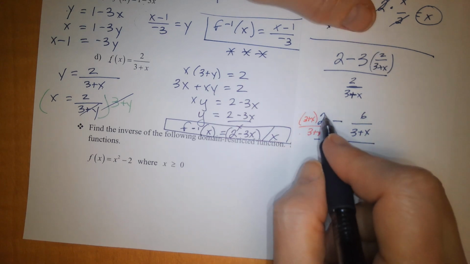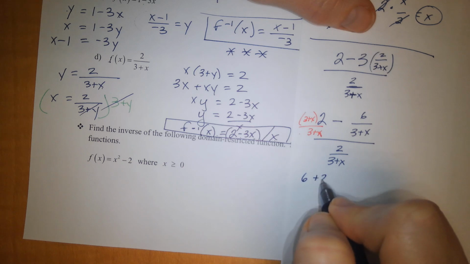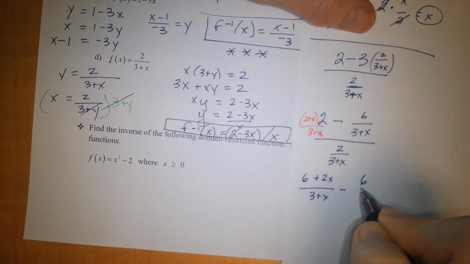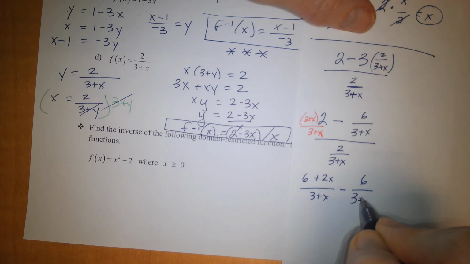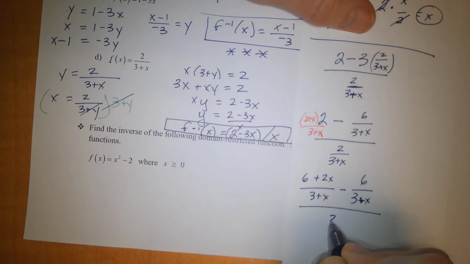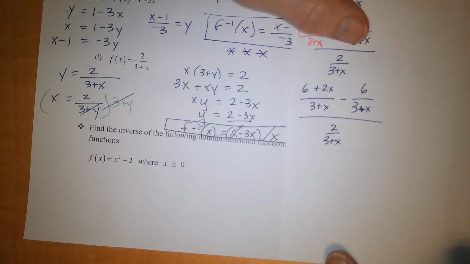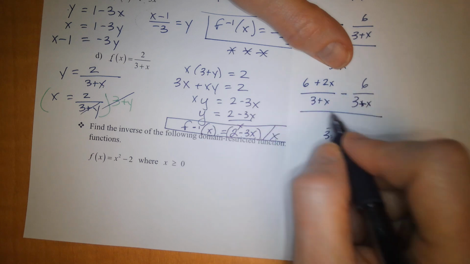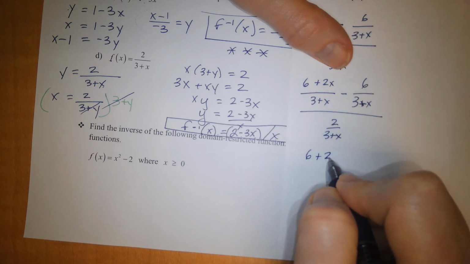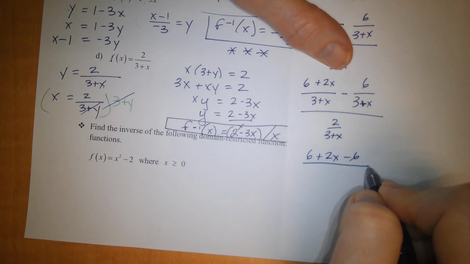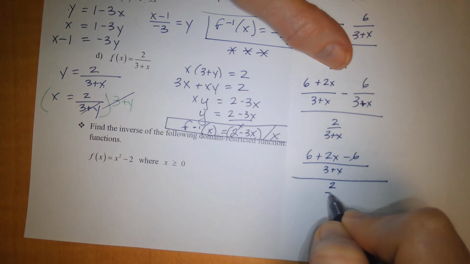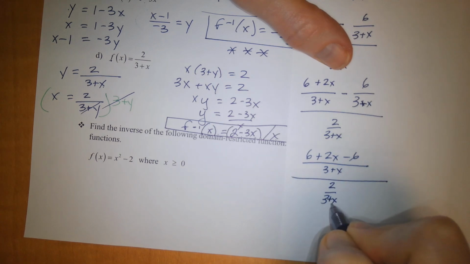So this becomes 6 plus 2x over 3 plus x minus 6 over 3 plus x over 2 over 3 plus x. Putting all this together becomes 6 plus 2x minus 6 over 3 plus x over 2 over 3 plus x.